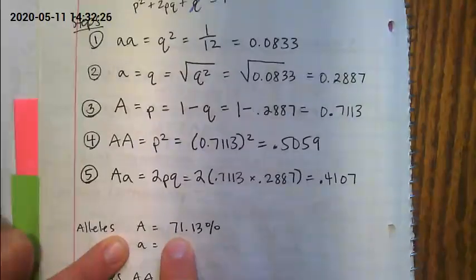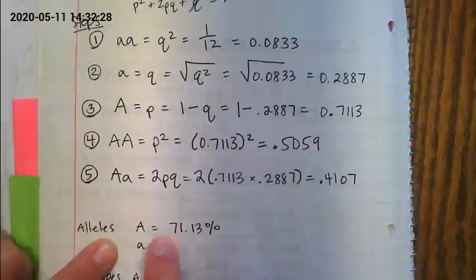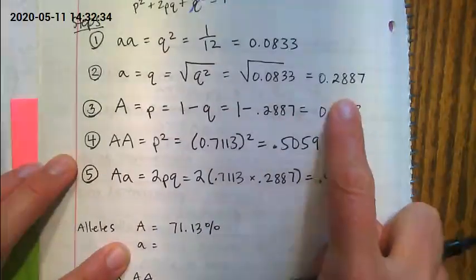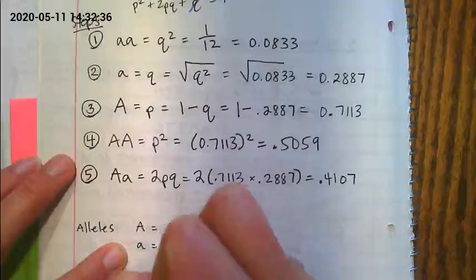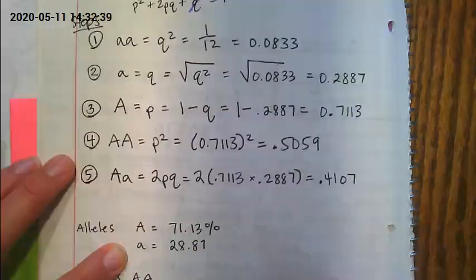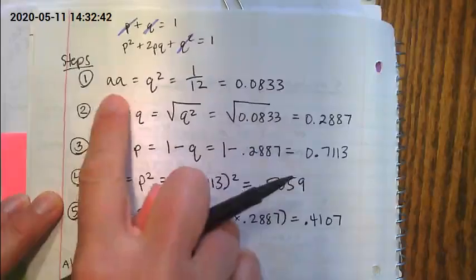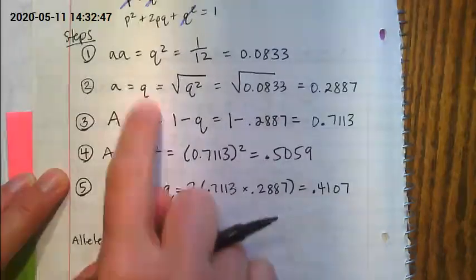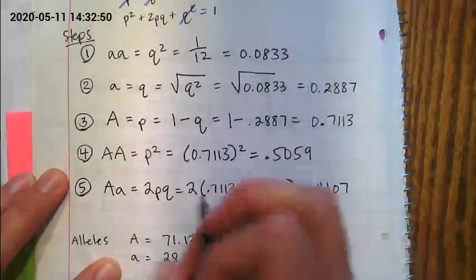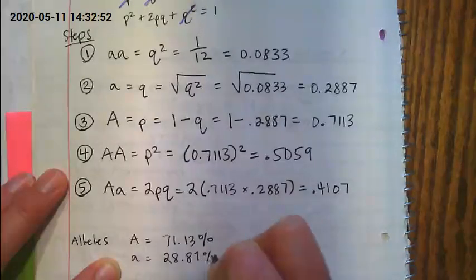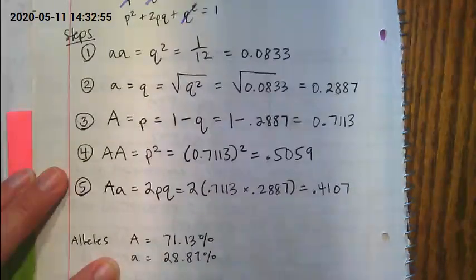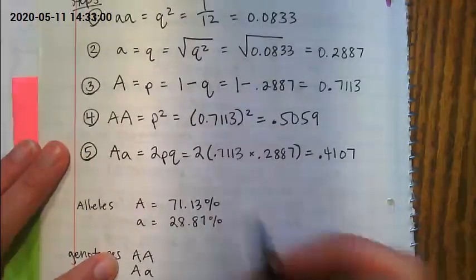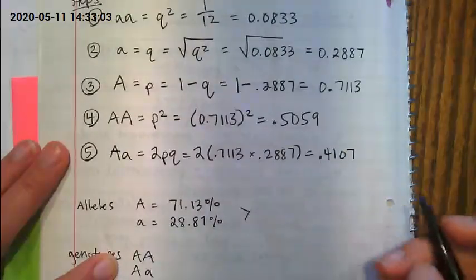Right, 71% of the alleles in this population are dominant. What about recessive? 28.87%. We're doing just the alleles, so our alleles would be our P and our Q. Okay, and do these numbers add up to 100?